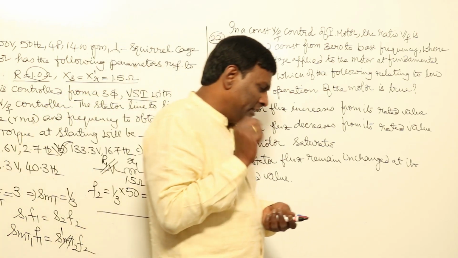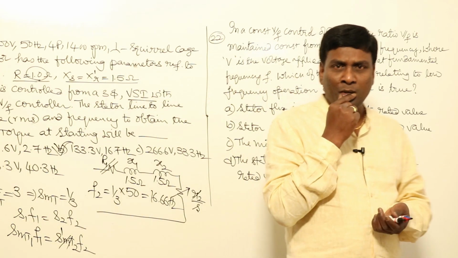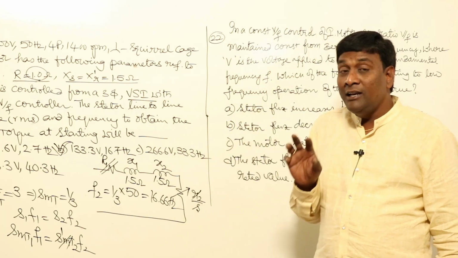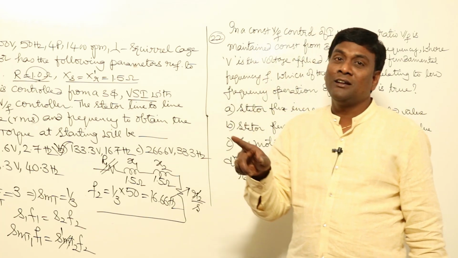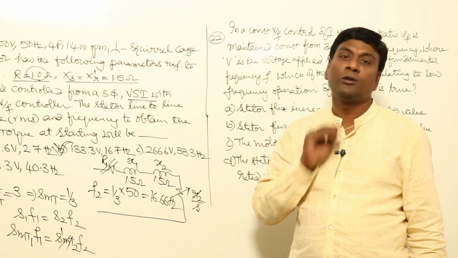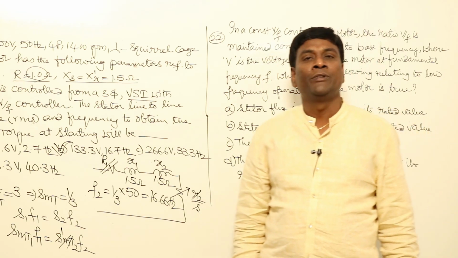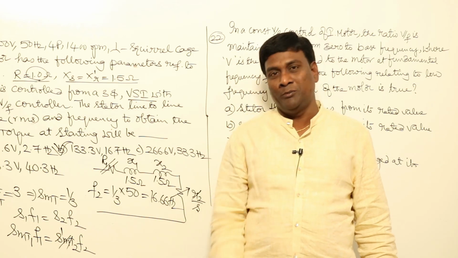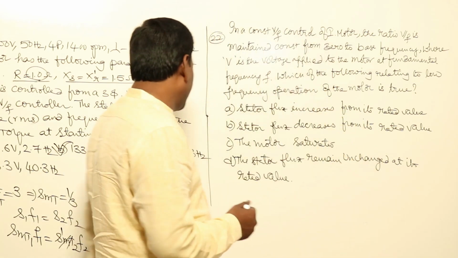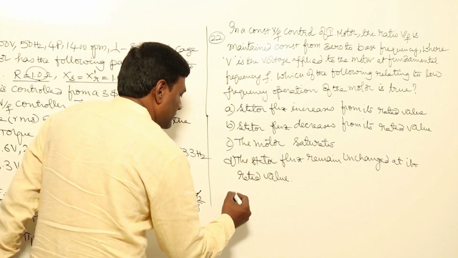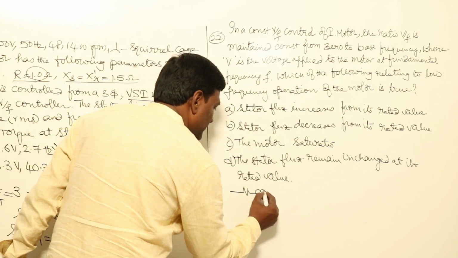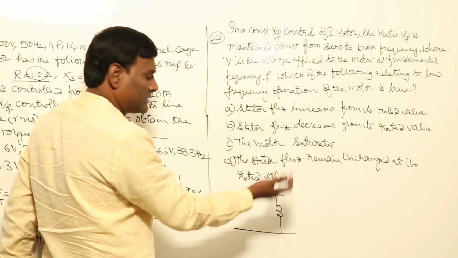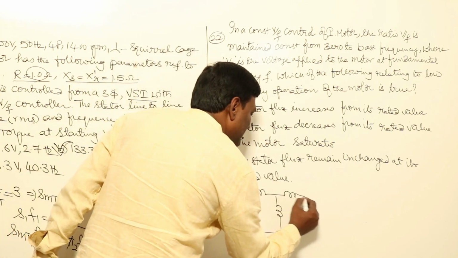Now, people feel that if you maintain the V by F ratio constant, flux will automatically be constant. Yes or no? No. Basically, V by F should not be maintained constant, but E1 by F should be maintained constant. For example, think of our equivalent circuit: ideally the shunt branch, with or without resistance, whatever it may be, is like this.